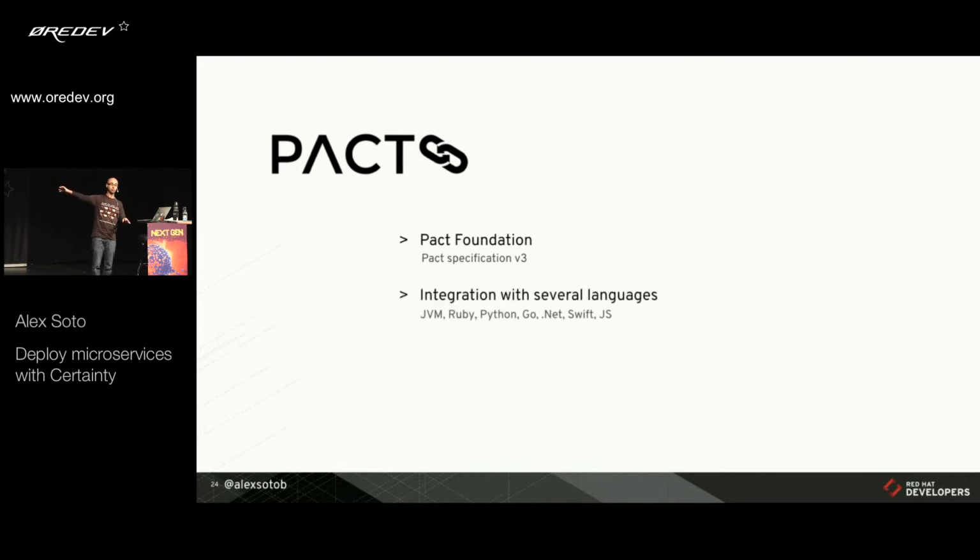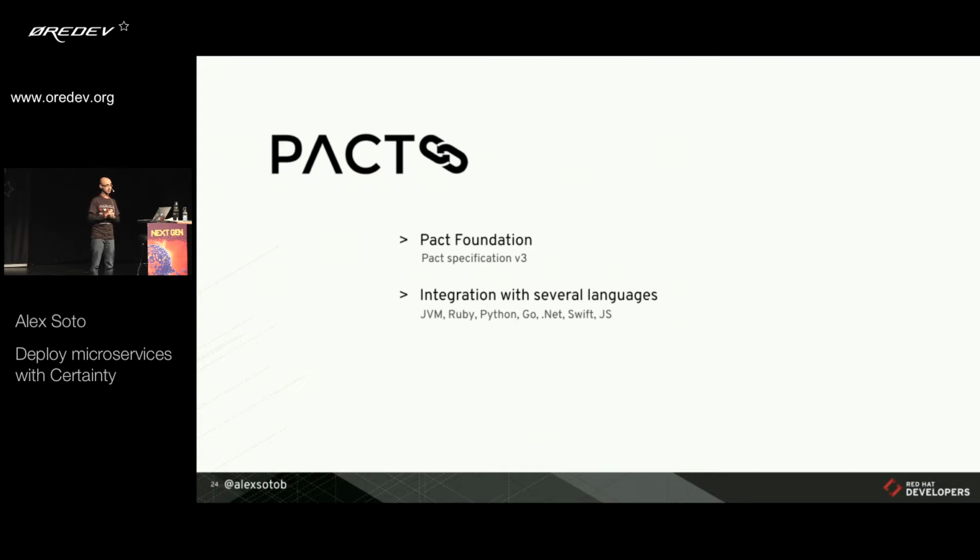Then there are other teams that follow this specification and integrate Pact with several languages, like all the JVM languages, Scala, Groovy, Java, and so on, Ruby, Python, .NET, Swift, Go, and JavaScript.